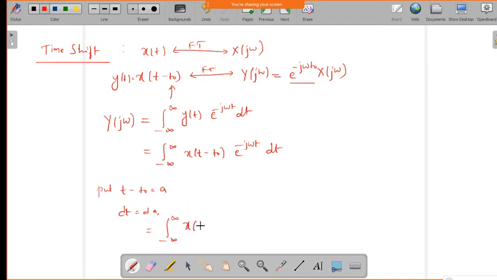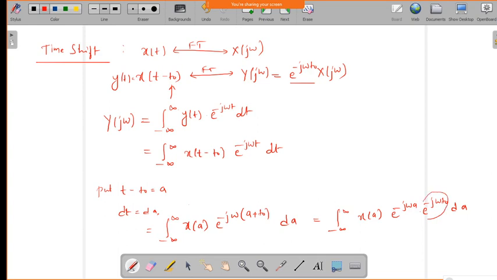So now this will be given by x of a into e power minus j omega into t, where t is a plus t naught, into da. We can write it as the integral from minus infinity to plus infinity of x of a into e power minus j omega a into e power minus j omega t naught da.